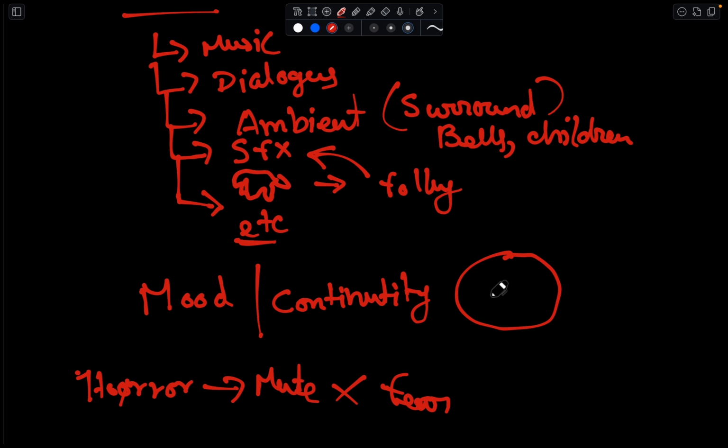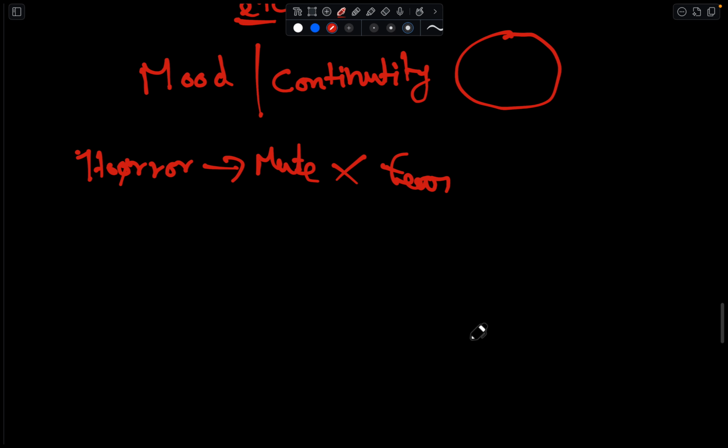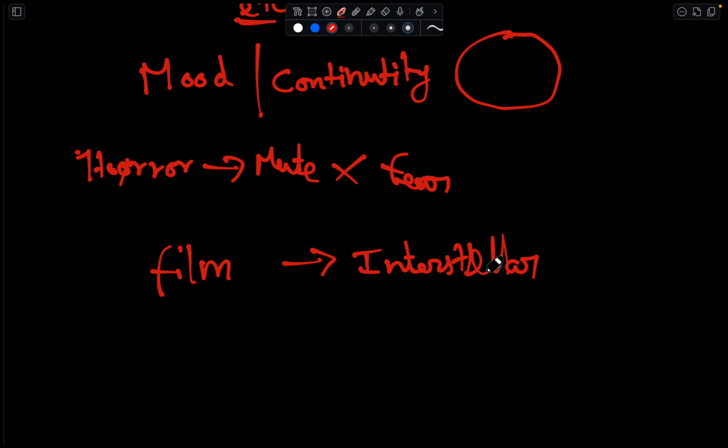We might say film is a visual language. Of course, film is a visual language, but say for example, you take the movie Interstellar, right? There is a scene where the spaceship docks with the space station.